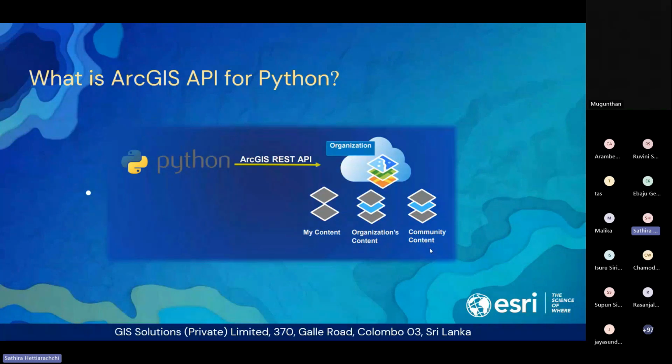But what exactly is the ArcGIS API for Python? Briefly, it's a powerful library designed using Python for developers who want to work with GIS data and web services.